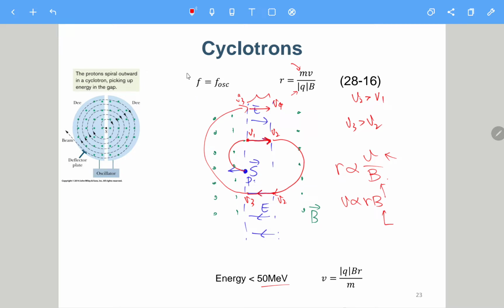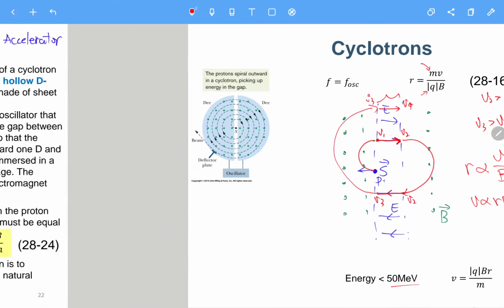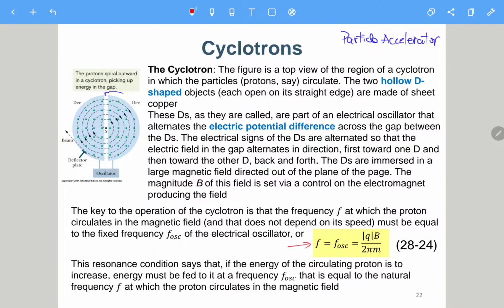So we need to control the frequency very correctly, and this frequency is nothing but f oscillate equals qB over 2 pi m.